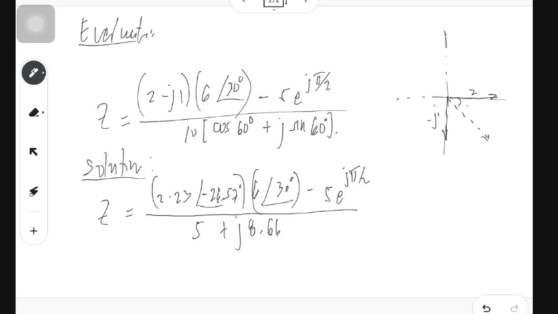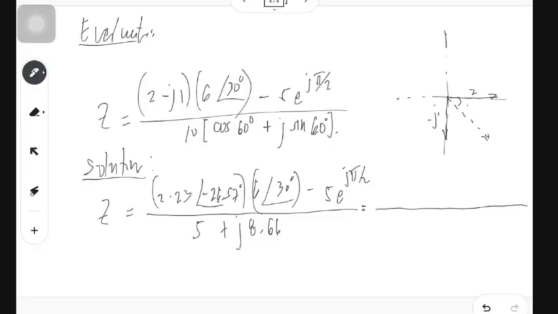Tama. Sige. So, this time, we can multiply the two quantities. That is 2.23 times 6. Ito. 2.23 times 6. 13.38. 13.38.